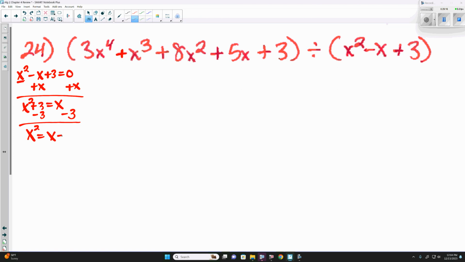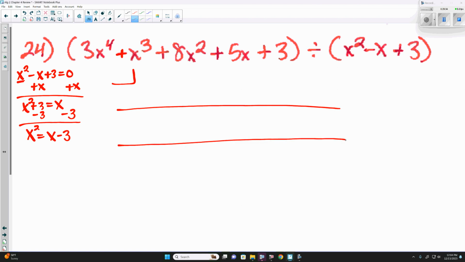It doesn't matter which one we do first, because if we add x, we'll have to subtract 3 from both sides next. If we had subtracted 3 from both sides first, we would add x to both sides next. So whichever one you do first, you'll end up getting to the same spot. We have to do both of them. It just doesn't matter which order we do them. Questions on this so far?